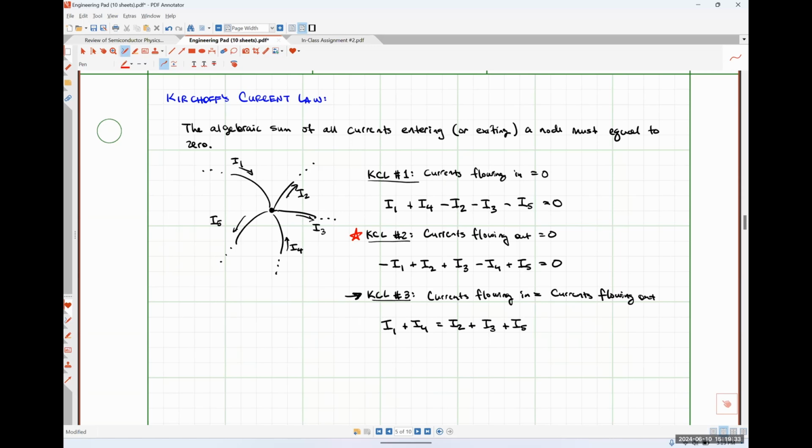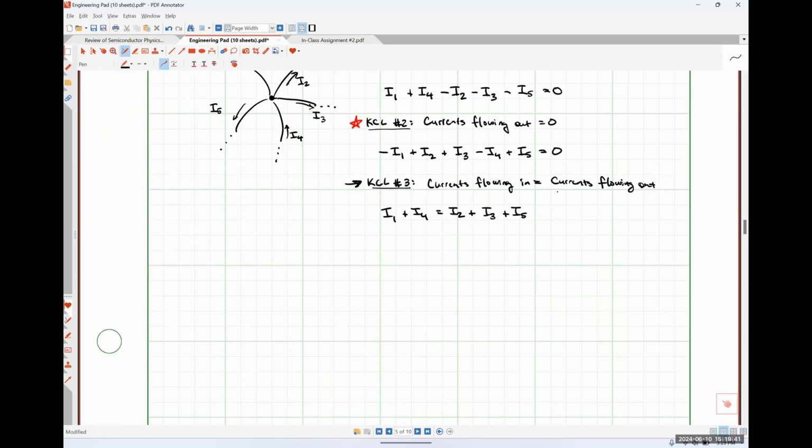So let's work a couple of examples here. Let's start with something fairly straightforward.